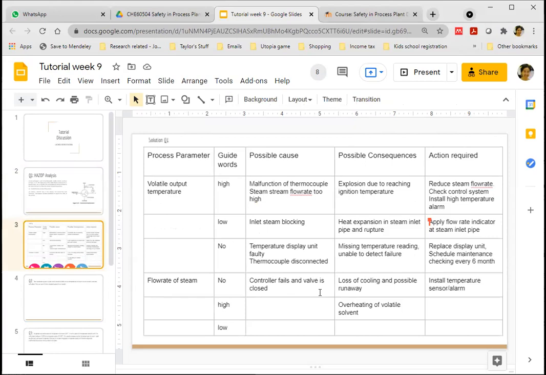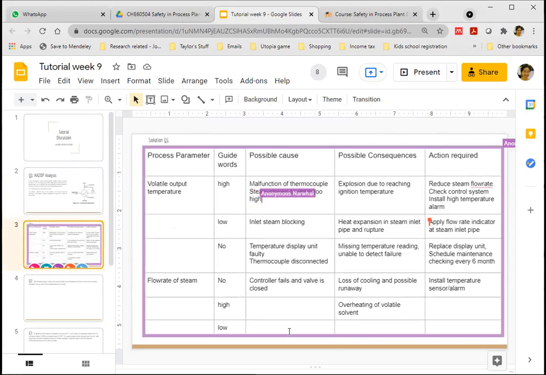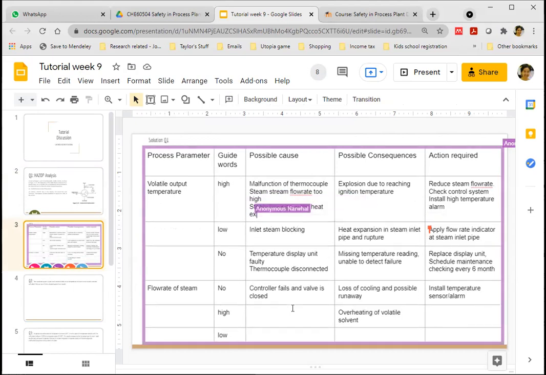So let's see what we have here. Volatile output temperature, the guide word is high. What could cause high volatile output temperature? Malfunction of the thermocouple, steam flow rate too high, steam blocking. This last one that you all typed in is quite interesting.